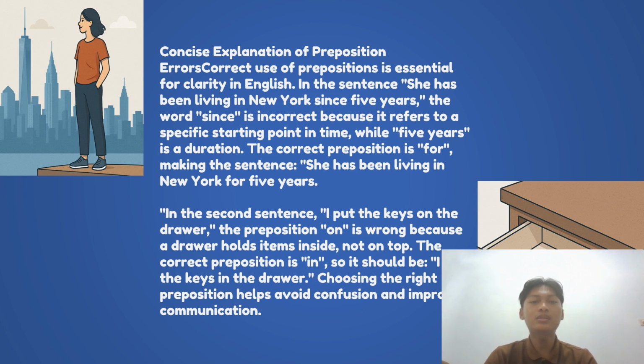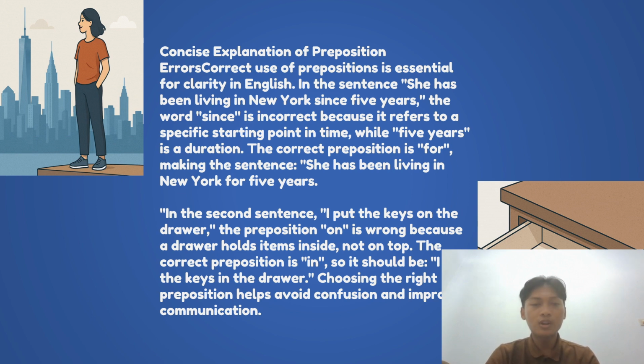Concise explanation of preposition. Correct use of preposition is essential for clarity in English. In the sentence, she has been living in New York since 5 years.